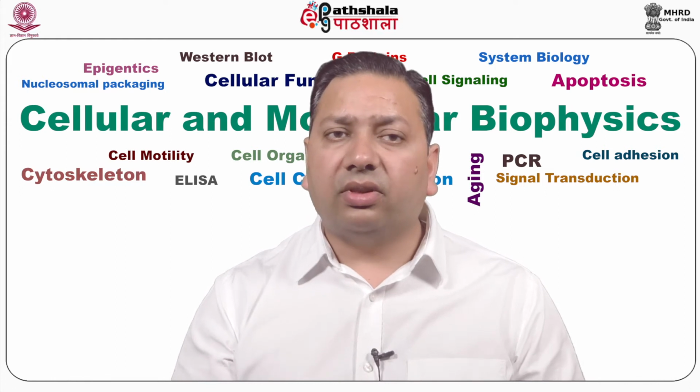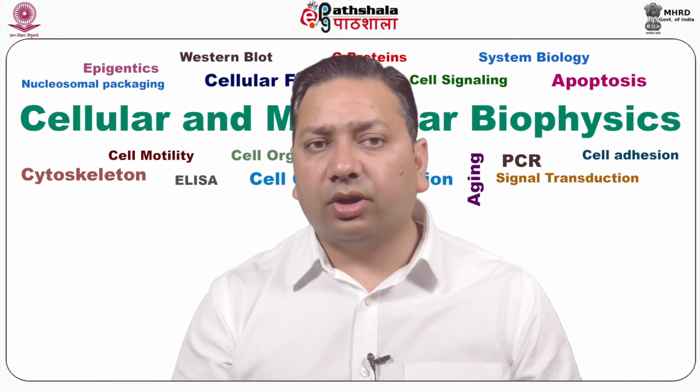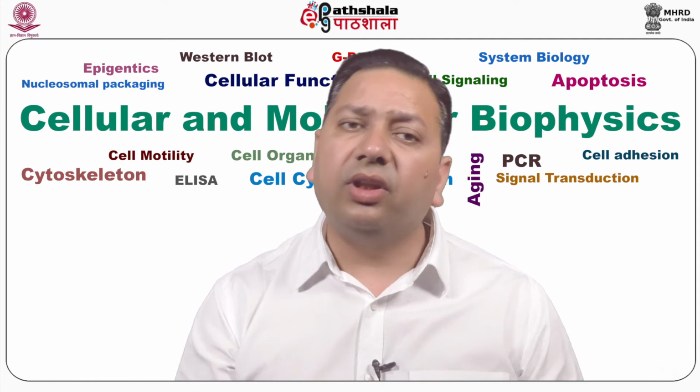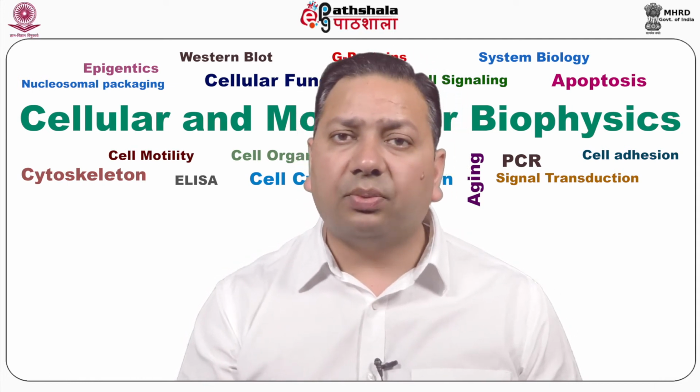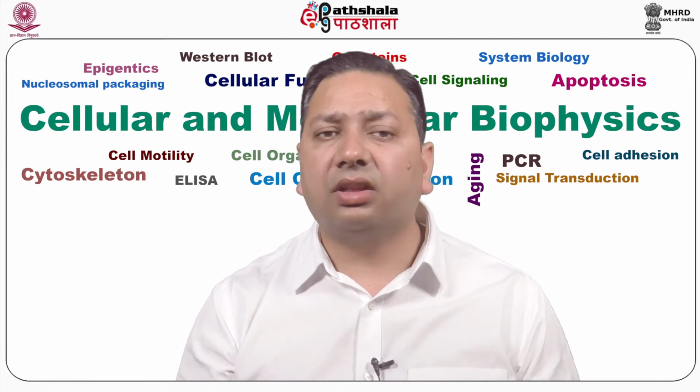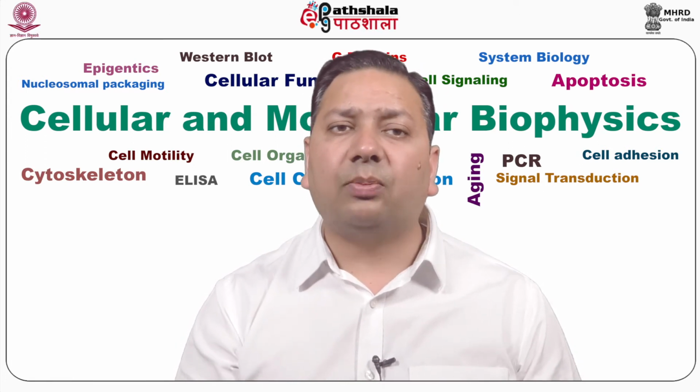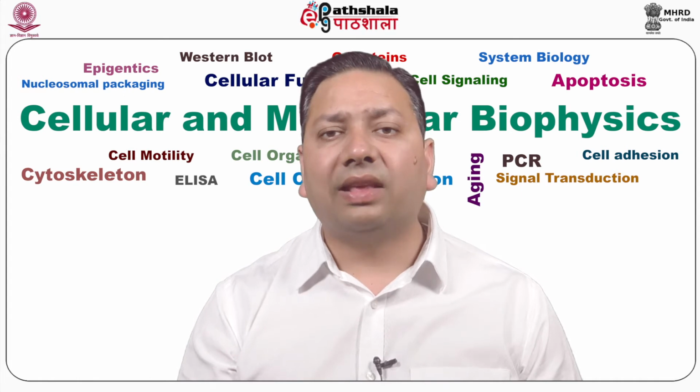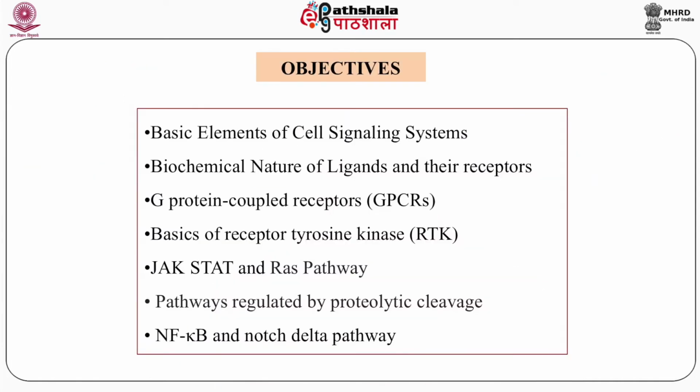All biological processes involving development and progression of disease require various types of cells. Various types of cells work together and communicate with each other, which is called cell signaling. In this module, we are focused on the following objectives.